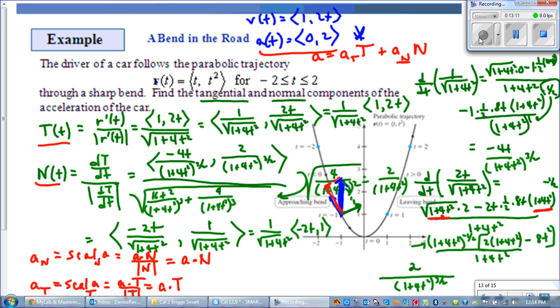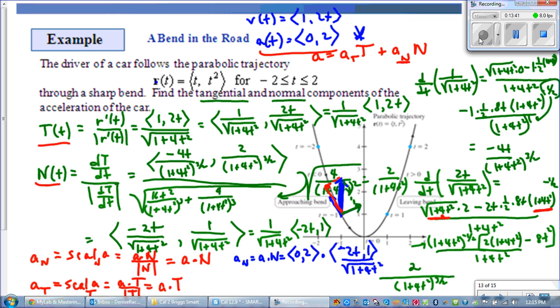So let's take a dot n, so a sub n, which is a dot n, which will be that vector 0, 2, dotted with the normal vector, which was, I'm going to go ahead and put it in this form, minus 2t comma 1, to make it a little simpler, over the square root of 1 plus 4t squared.